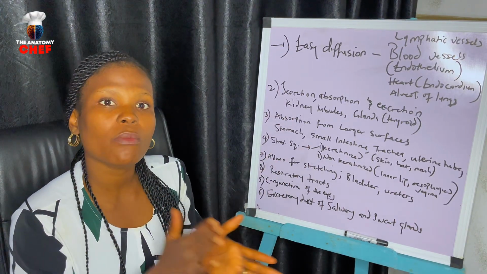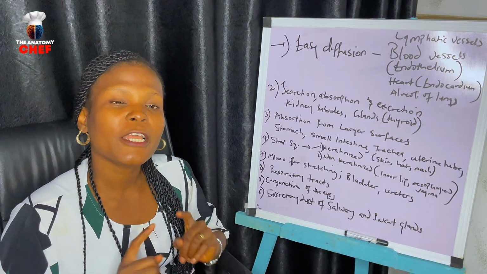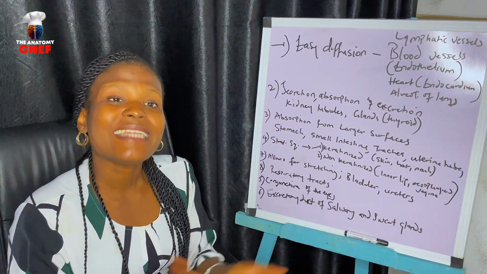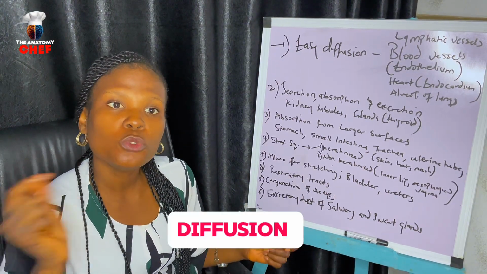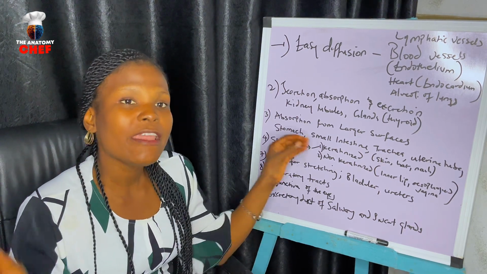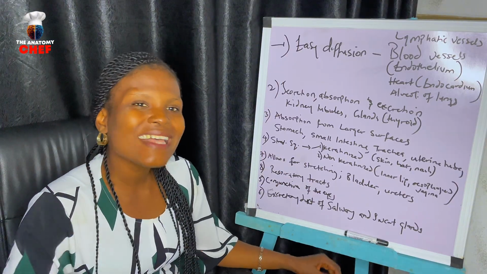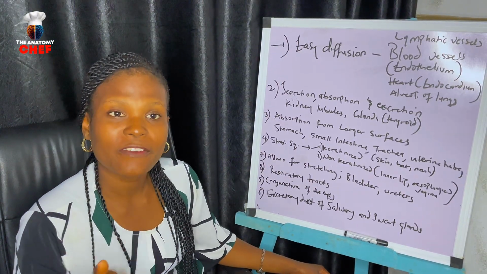So for the simple squamous epithelium, the basic function is diffusion. So where you easily find your simple squamous epithelium are the areas of your body, organs, and all of those things that require ease of diffusion.